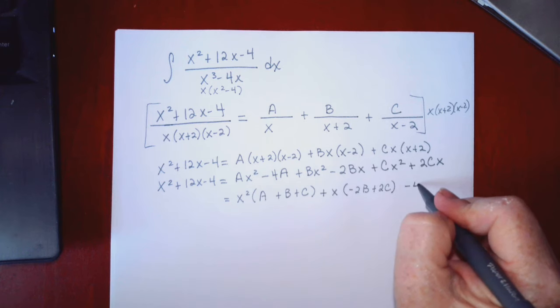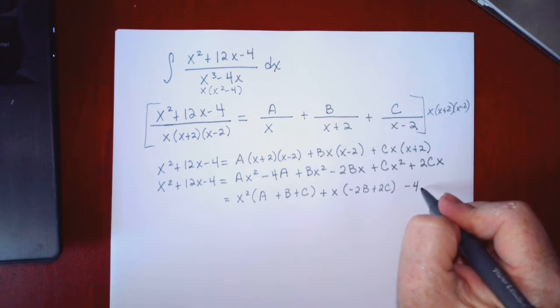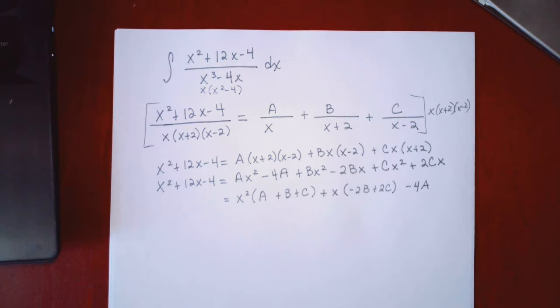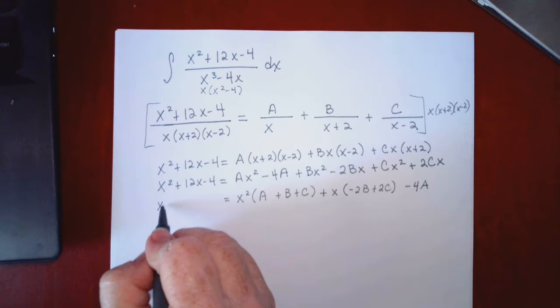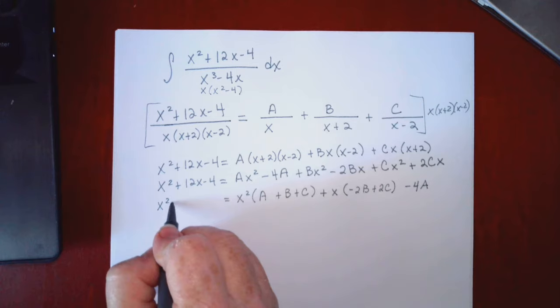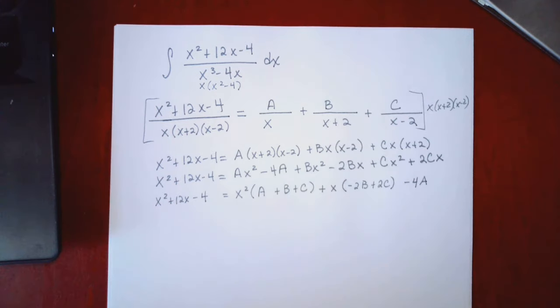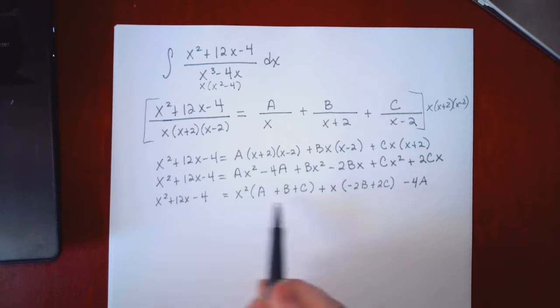And I have a constant of negative 4a, because it's the only one over there that's not attached to an x with multiplication. And that's equal to x squared plus 12x minus 4. So I'm just trying to find an a, b, and a c that make this equation true.